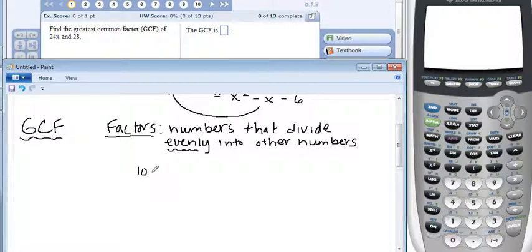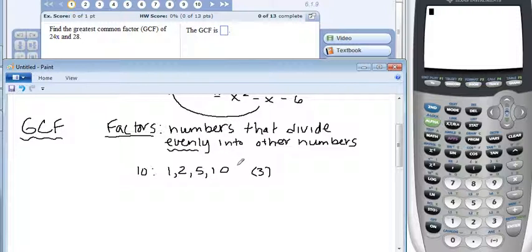What are my factors of 10, for instance? Well, what are the numbers that divide evenly into a 10? 1 does, 2 does, 5 does, and 10 does, right? For instance, 10 divided by 1 is 10, 10 divided by 2 is 5, 10 divided by 5 is 2, and 10 divided by 10 is 1. So 3 doesn't divide in evenly, right? We get 3 point something. Okay, so we don't get a nice whole number back out when we divide. So that's what my factors are.